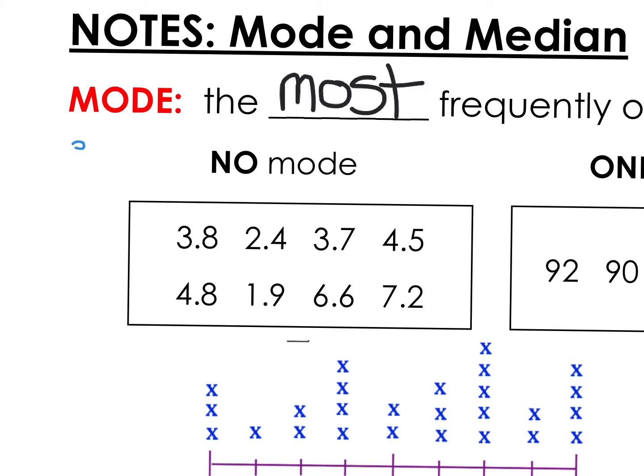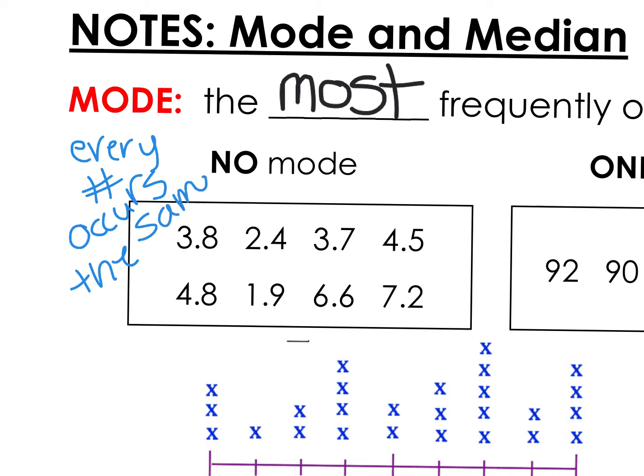So every number occurs the same amount. See how every number only occurs one time? You have 3 and 8/10, 2 and 4/10, 3 and 7/10, and so forth. So that's why there's no mode, because every number occurs the same amount of times.